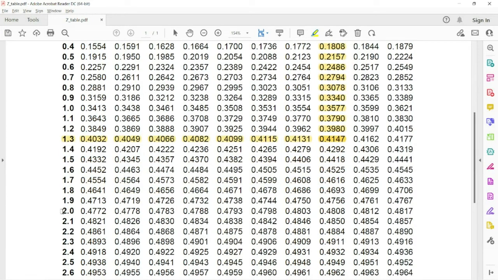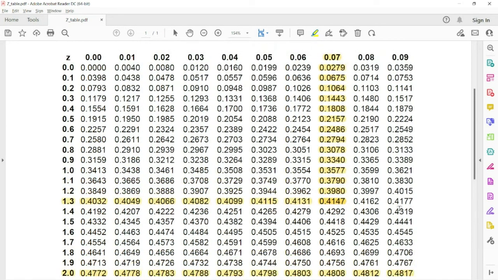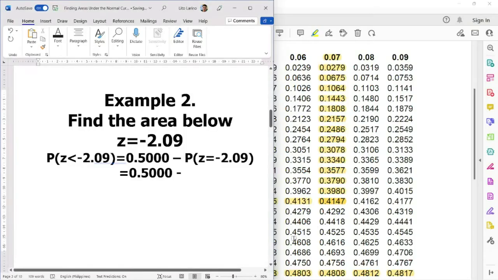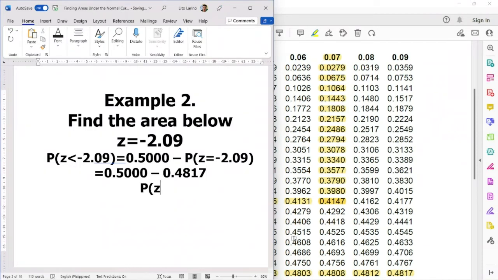We got 0.4817, and we got the area below the negative z-score 2.09 equal to 0.